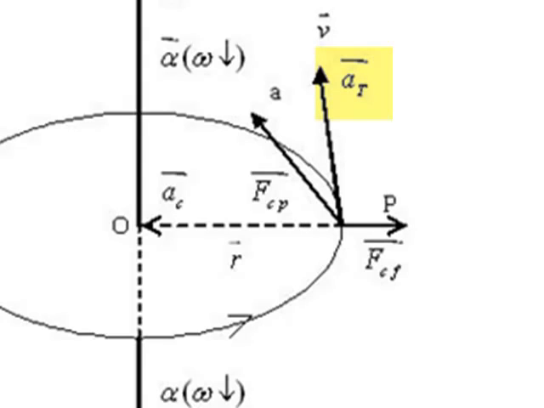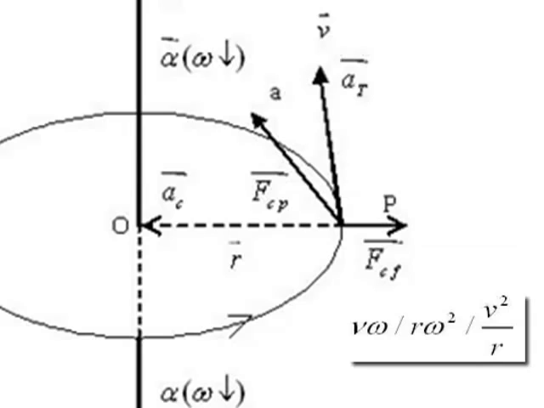Then when the body is in UCM or non-UCM, one acceleration always acts on the body, which is known as centripetal acceleration. It is always along the radius and it is always directed towards the center of the path.